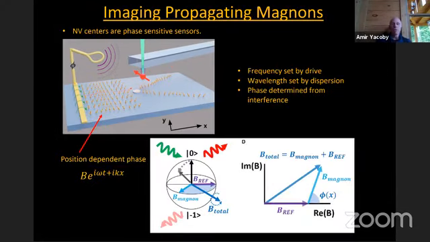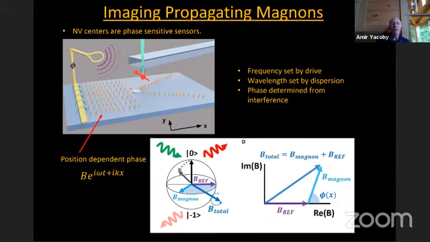Okay, so we are now exciting these magnons. We think we're exciting magnons with a well-defined omega and K, shown here in the bottom left formula. And these are propagating waves. So at any given point, as we change X, this phase here, iKx, is varying, and this is very important.